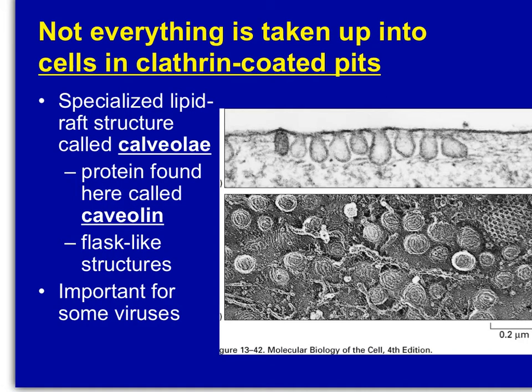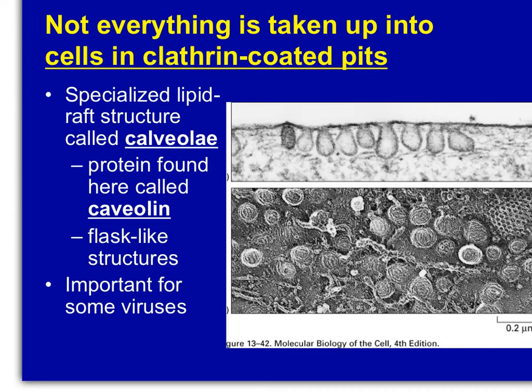That brings us to the other pathways of internalization, and not everything is taken up in a clathrin-coated pit. And one really interesting structure that we know of is called a caveolae. So this caveolae right here is a compartment that is found in cells, and it actually has a protein called caveolin.